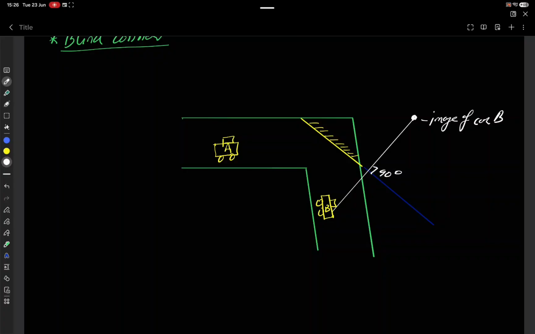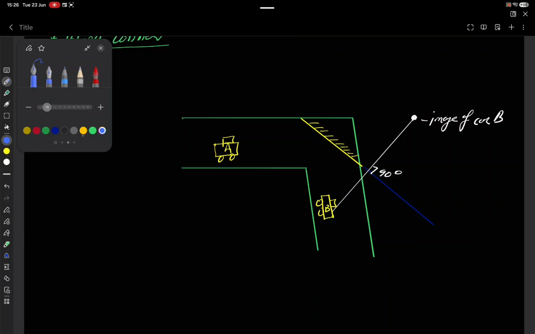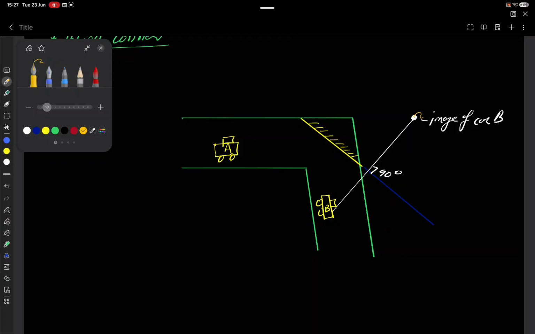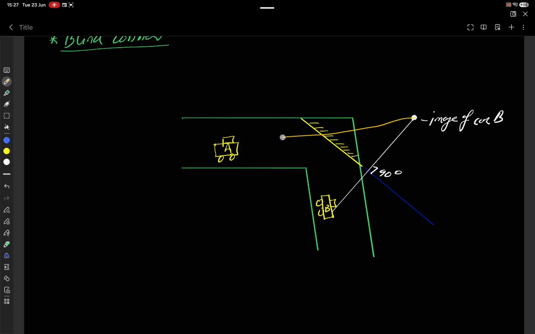Now we draw the reflected rays which can be seen from the image. Reflected rays coming from the image are seen by driver A. So from this image I draw this reflected ray.